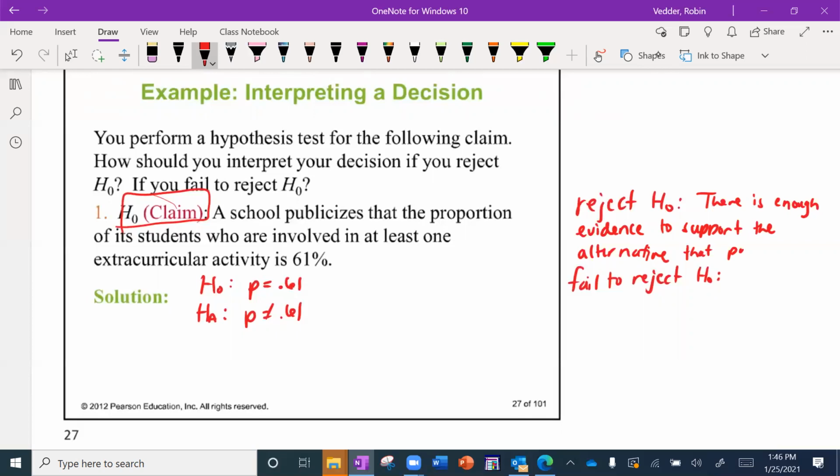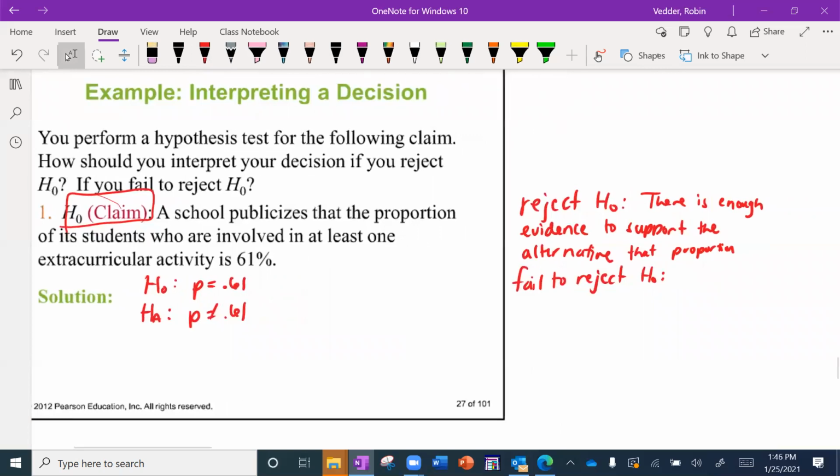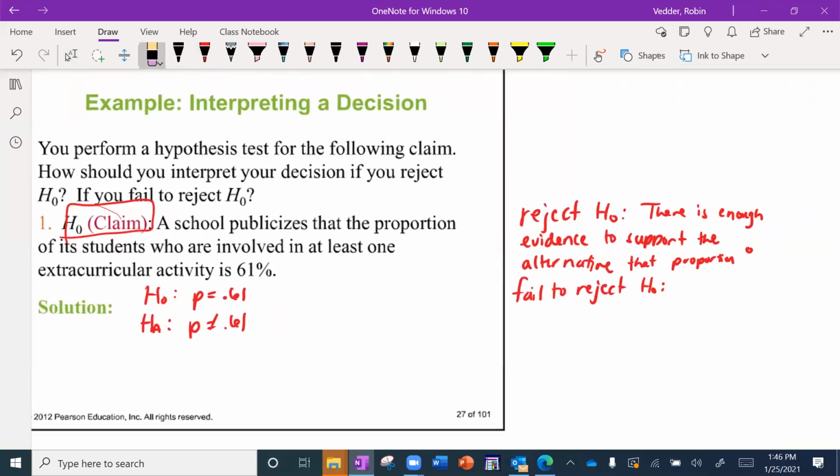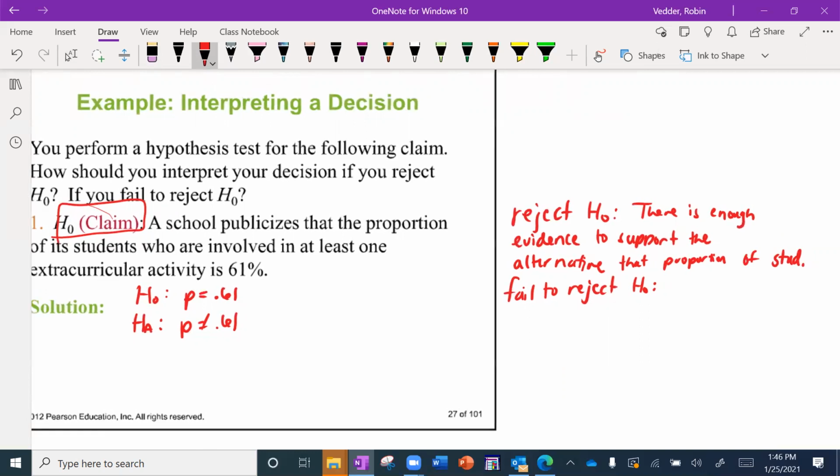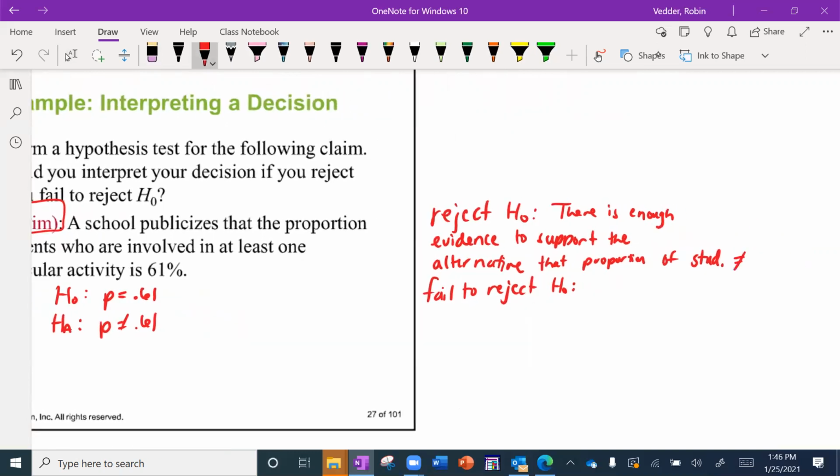That the proportion of students involved in at least one extracurricular activity, I'm not going to write that down, is not equal to 0.61.